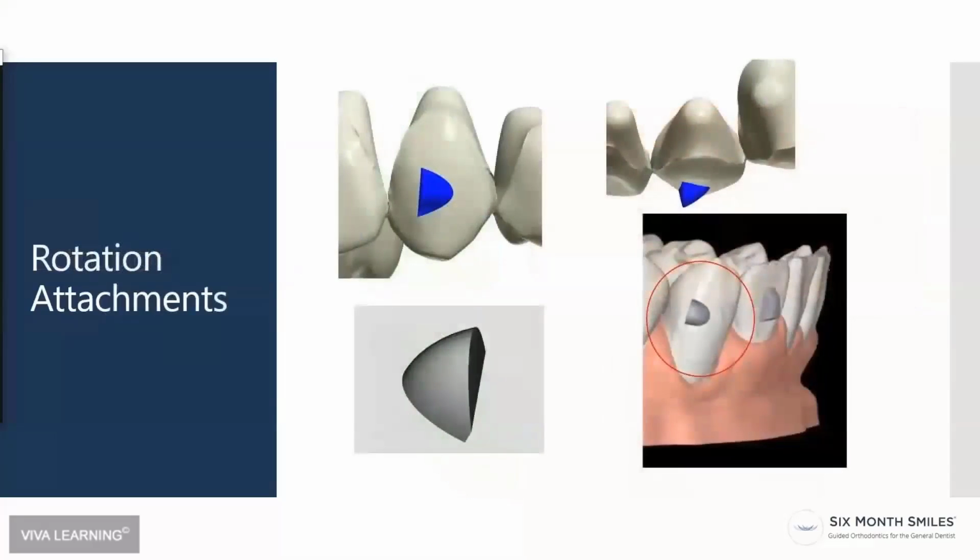Rotation attachments are mainly placed on round teeth, as the flat incisor teeth shape is more favorable for rotation without attachments, most of them. But the round teeth like cuspids or bicuspids are more difficult to rotate without attachments. So for that, we place rotation attachments.